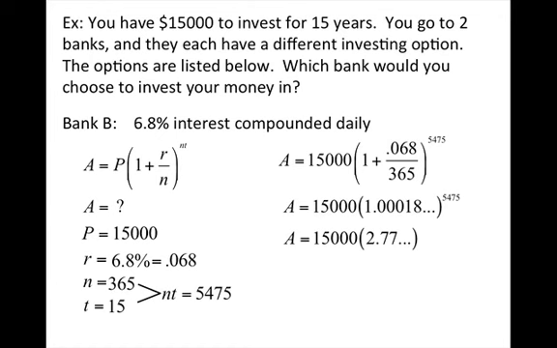Then we left that in our calculator and we multiplied by the 15,000, and that gave us 41,593.969, and that decimal continued on. Well, I look at the third decimal place, which is the 9. That is going to round the 6 up to a 7. So I end up with $41,593.97.